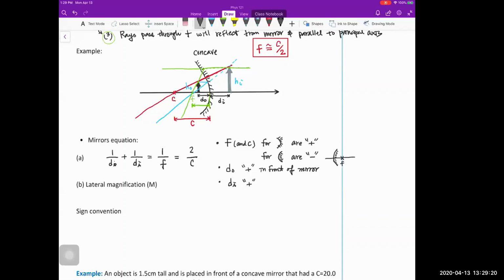If that is positive, it means it's in front of the mirror. If your DI is negative, that means it's in the back. Okay, any questions about these values?